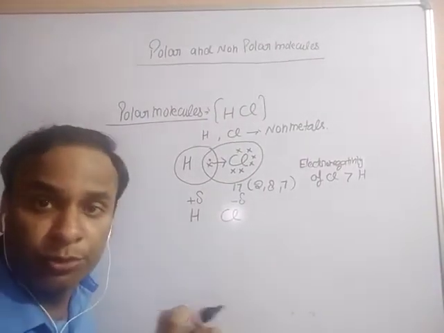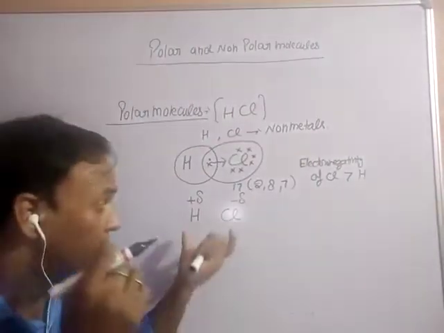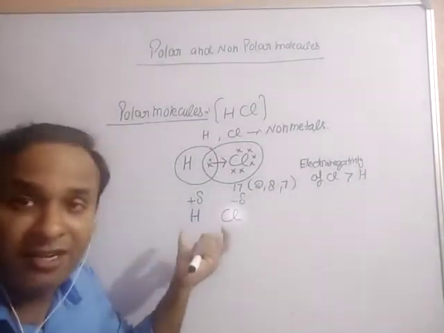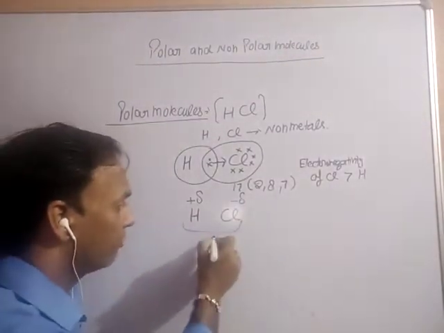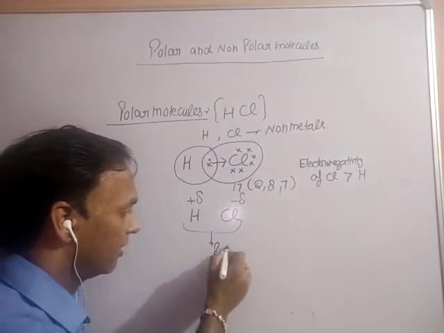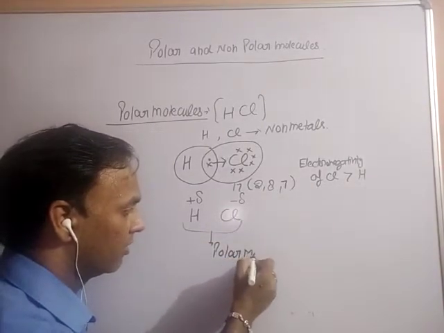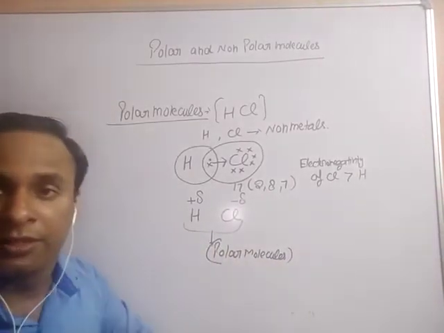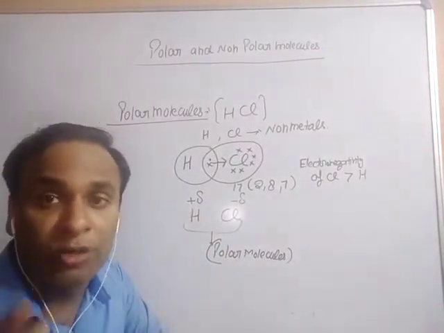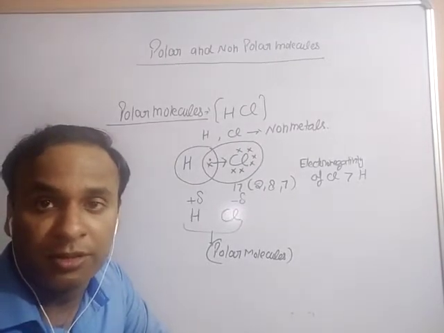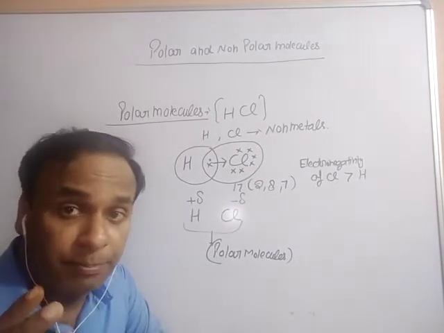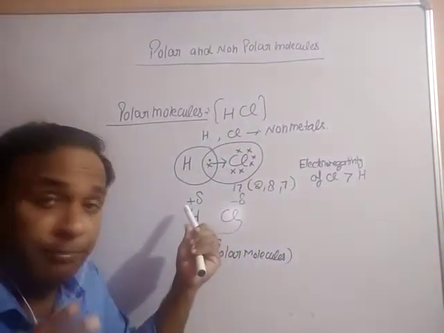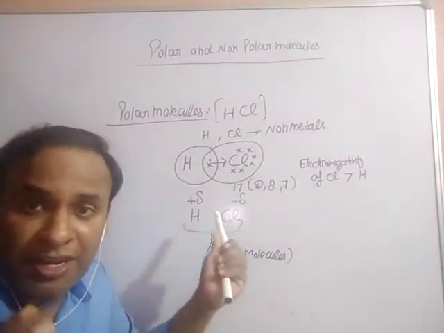Clear? Due to the development of positive and negative charge over the atoms, this type of molecule is considered to be a polar molecule. Clear? All polar covalent molecules have partial positive and partial negative charge.